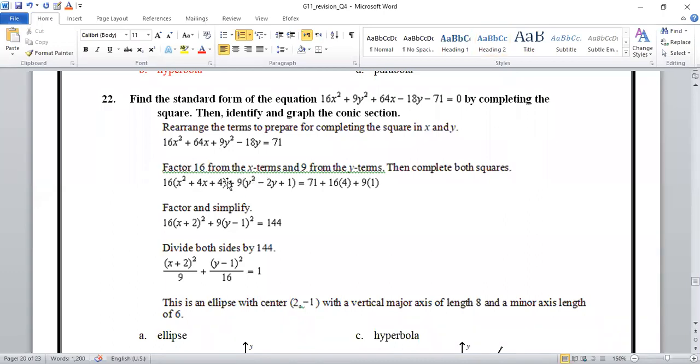First we add the term 4 to make a complete square, and add 1 to make a complete square, okay. y² - 2y + 1. We add 4 times 16 and 9, okay, so we put the same value on the other side: equal 71 plus 16 times 4 plus 9.